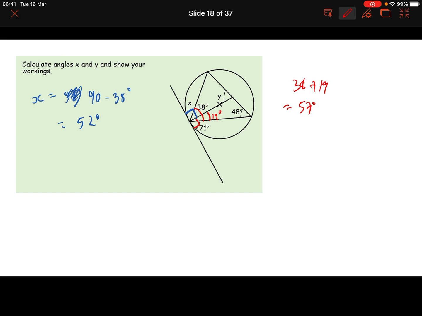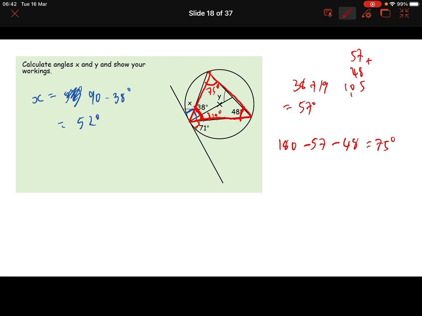Now we've got a triangle here, okay? So I can know this angle must be 180 minus 57 minus 48, so that's that angle and that angle taken away from 180. So what would that be? 57 plus 48, 105. So that's going to be 75 degrees. So that angle is 75 degrees.